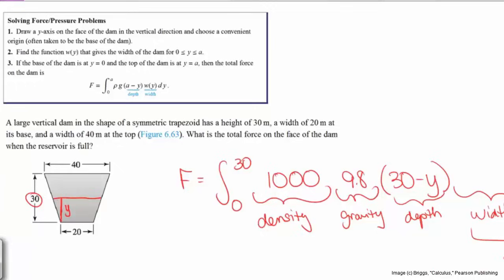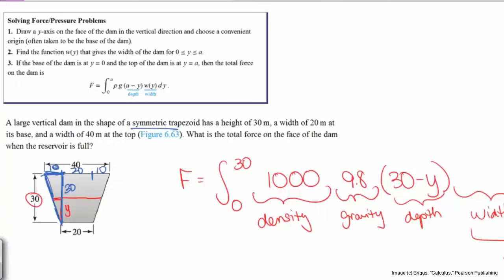We also know that we could draw a bigger triangle here, like this, and we know things about that bigger triangle. The long side is 30, and this side over here, we can find that, right? Because we can split the top up. This is 20. The total is 40, so this must be 10, and this must be 10. Because it says it's symmetric. It means it's the same on both sides.